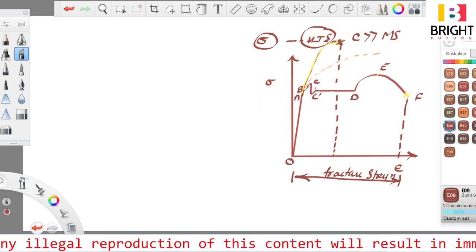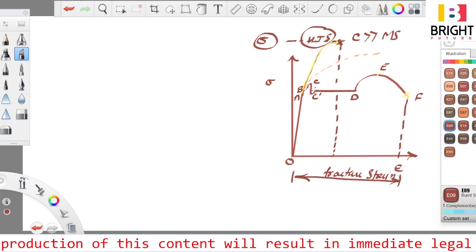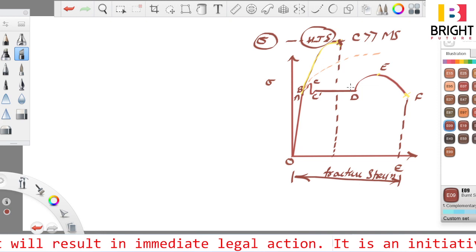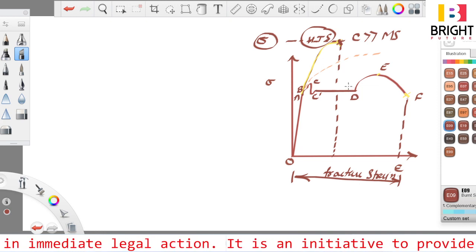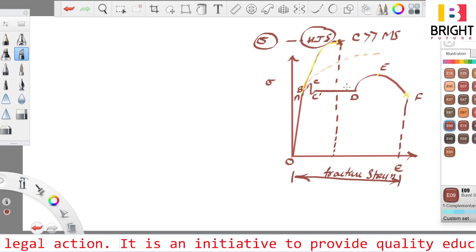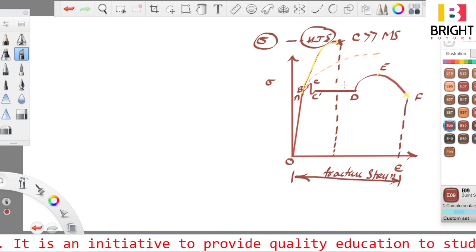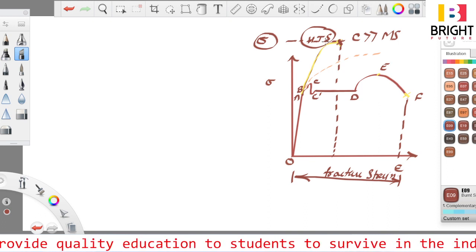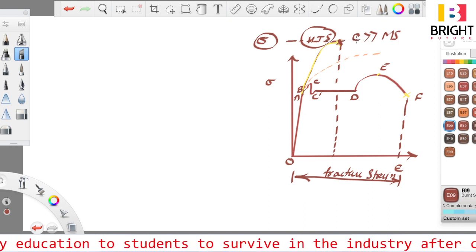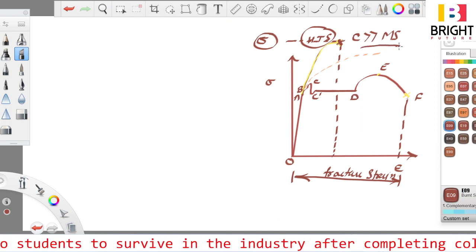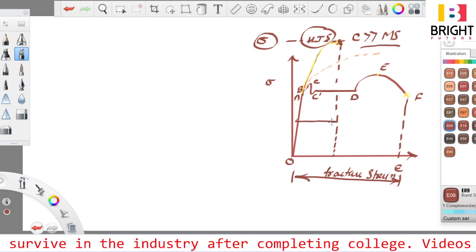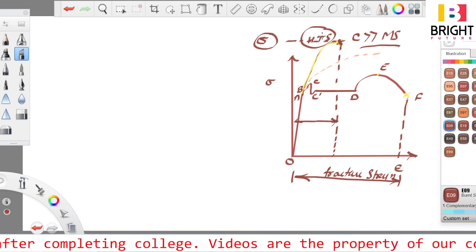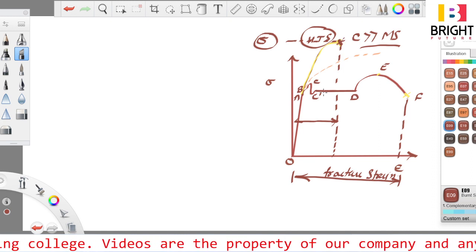Are you getting my point? Because in mild steel there is a yield plateau, so the material will show a sufficient amount of elongation before failure. However, that will not be the case in high tension steel, because its carbon percentage is more than mild steel, fracture strain is less than mild steel, and the load it can bear is more than mild steel.